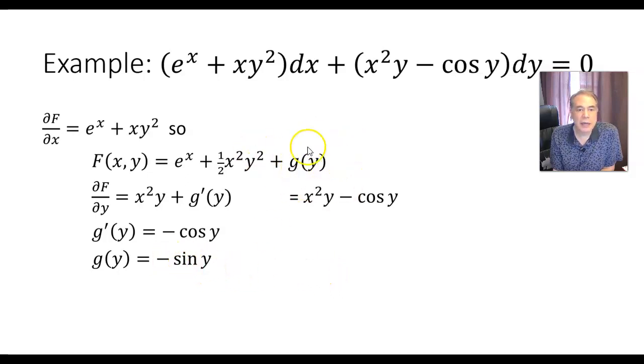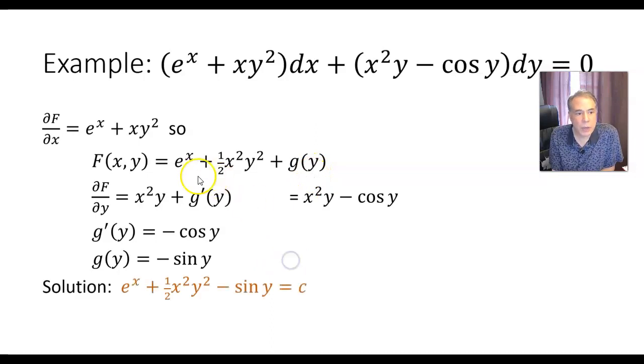Now, stick that in up here where we said that g of y goes, and we get that f is e to the x plus 1/2 x squared y squared plus negative sine y. And so we've got our solution to the differential equation, given by e to the x plus 1/2 x squared y squared minus sine y equals a constant c. The end.